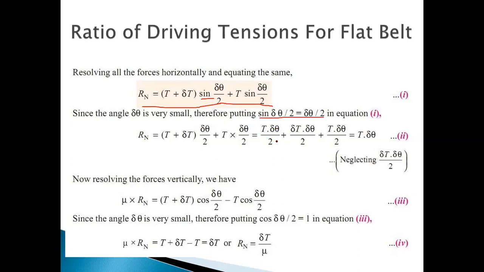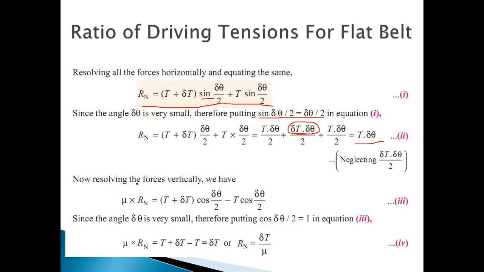So T into delta theta by 2 plus delta T into delta theta by 2 plus T into delta theta by 2. But here, if two small values are multiplied, then the answer we get is very small, right? So we are going to neglect delta T into delta theta as compared to T delta theta. So we get the value T delta theta, right?